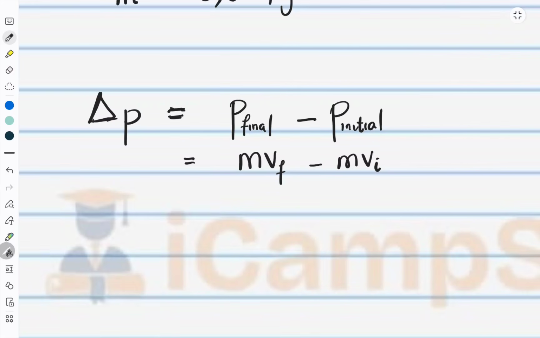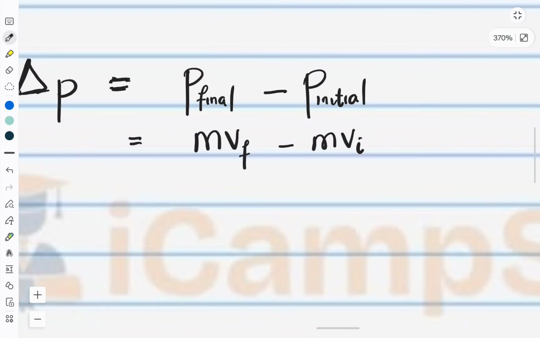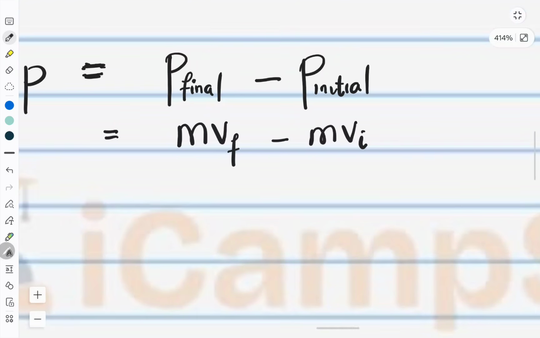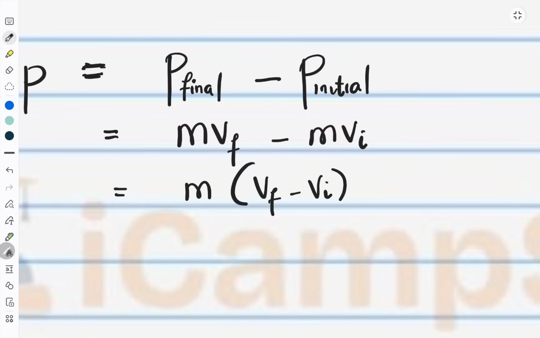Why am I not using m1, m2, m3, m4? Because I'm dealing with one object now, so there's no need for me to introduce subscripts like 1, 2, and 3 and so on. That one object I'm dealing with is the bullet. I'm concerned with the impulse of the bullet. So let's substitute. This is where I factorized. I'm just showing you where it came from. Mass is the same, it didn't change, so that's why you can factor it out.